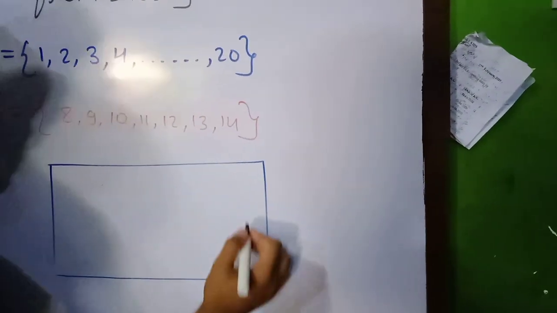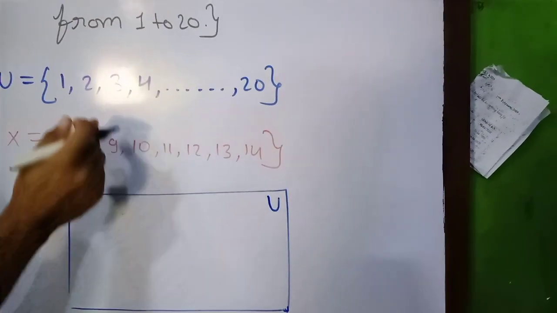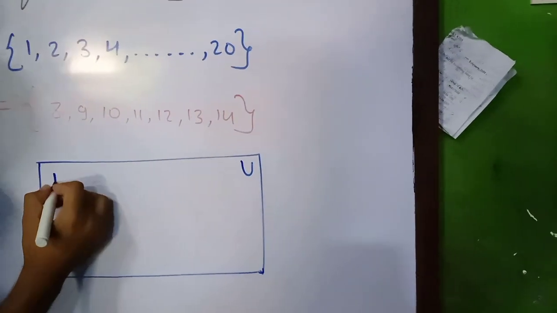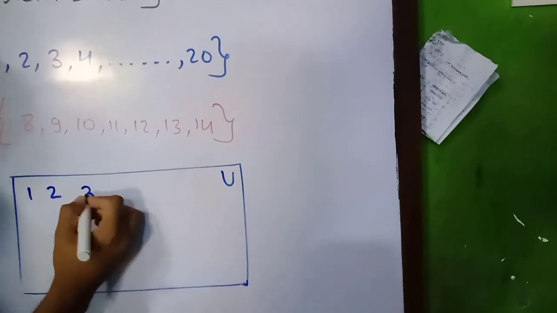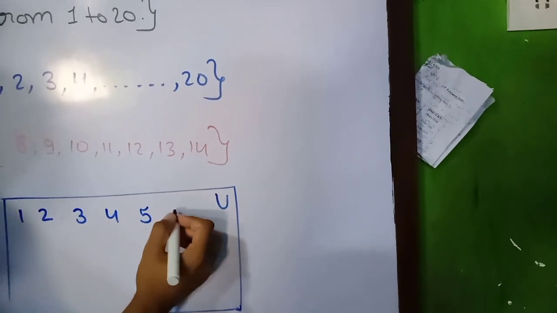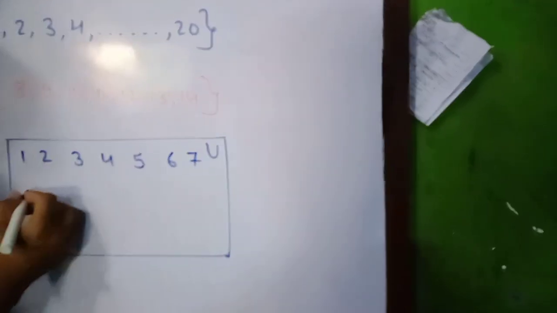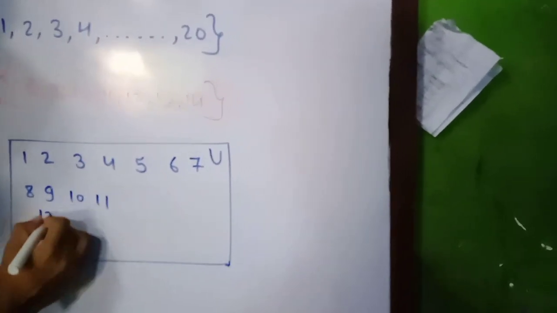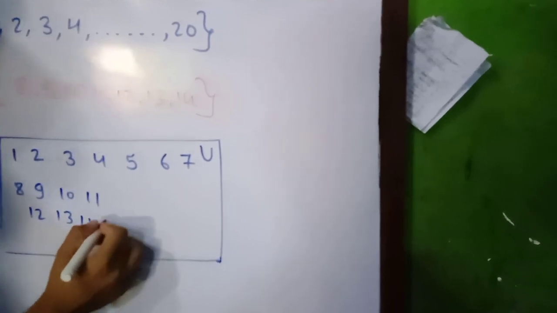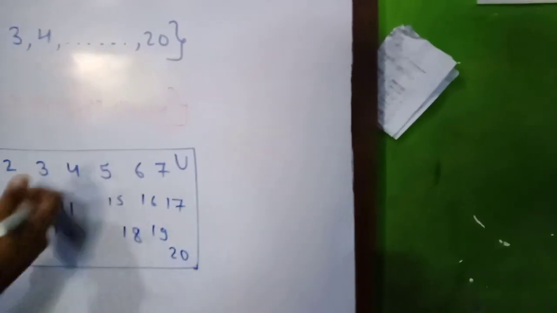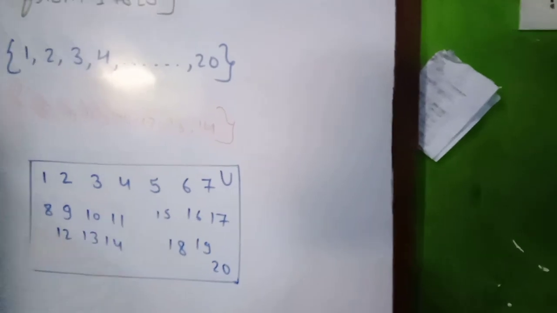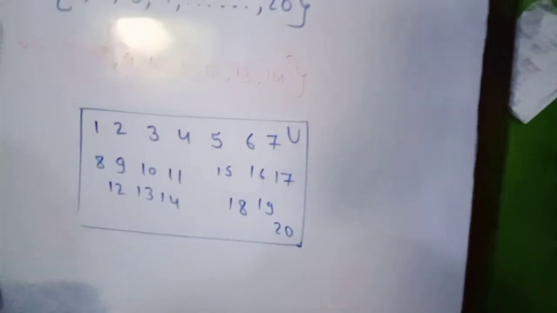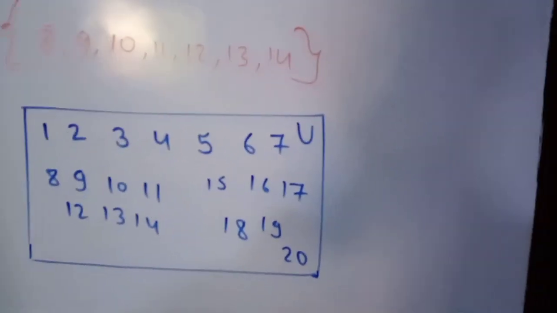In the universal set we have 1, 2, 3, 4, 5, 6, 7, 8, 9, 10, 11, 12, 13, 14, 15, 16, 17, 18, 19, 20. We can write any number anywhere within this rectangle, because this rectangle is the set U, the universal set.